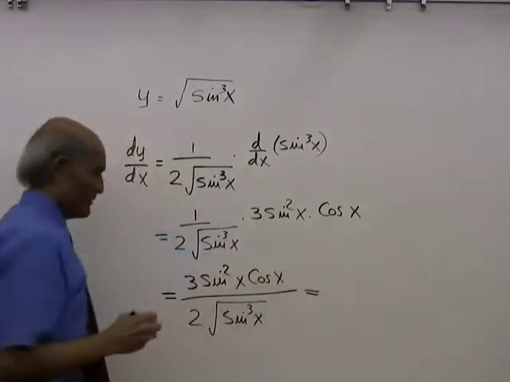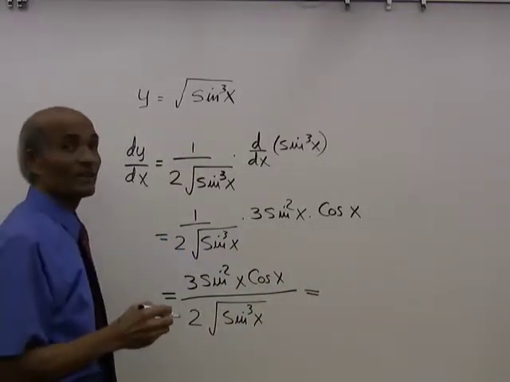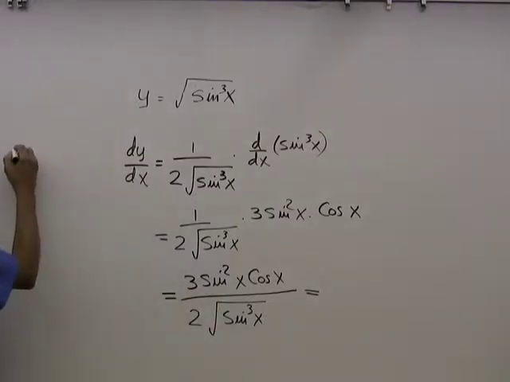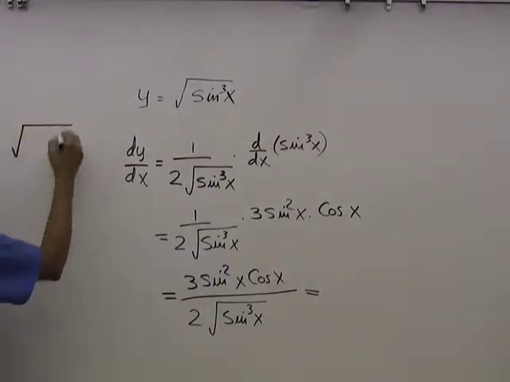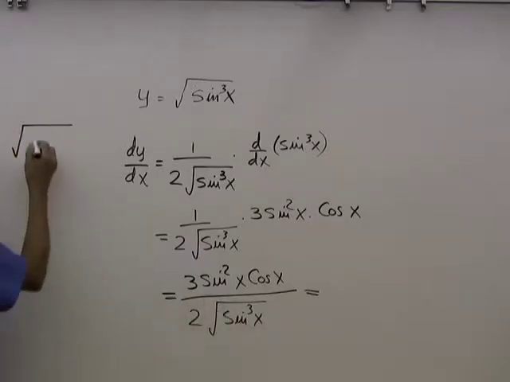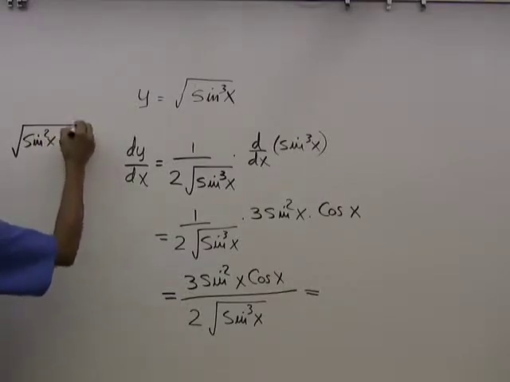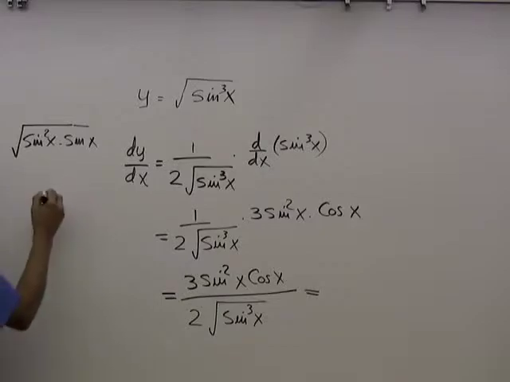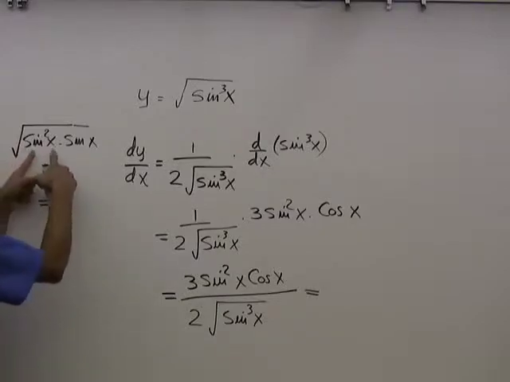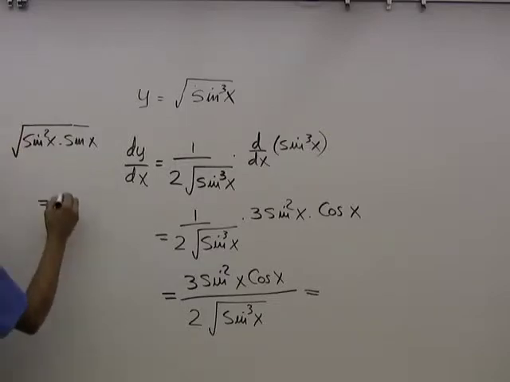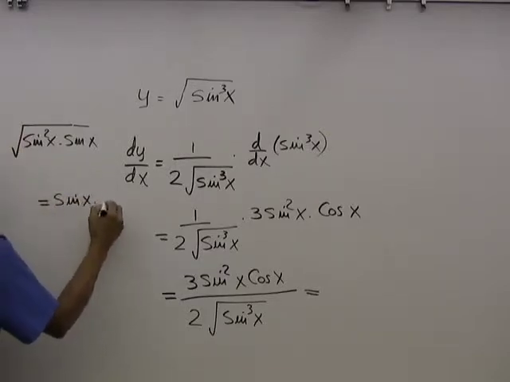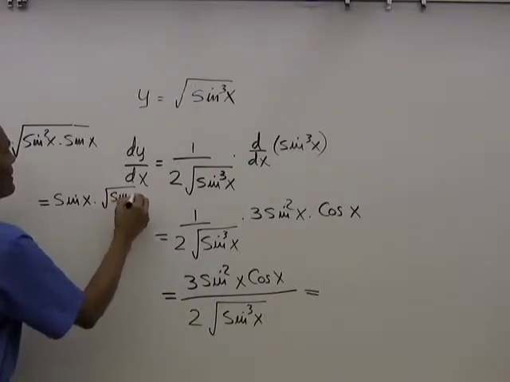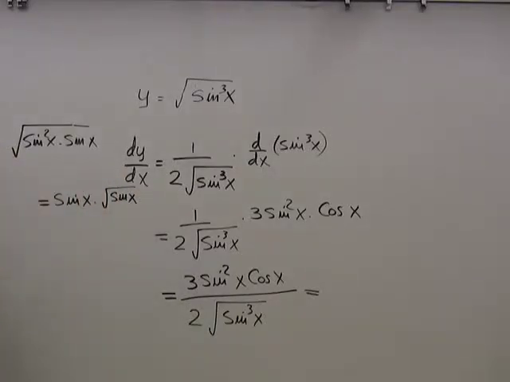Alright, can you simplify this? Look at the square root of sine cube x. It can be written as the square root of sine squared x times sine x, is that right? Sine squared x can come out of the square root and becomes sine x, and the other sine x will stay inside the square root.